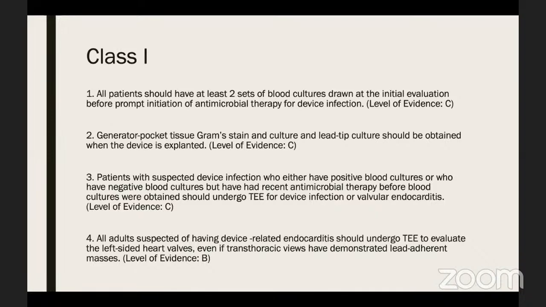Generator pocket tissue and the lead tip should be sent for culture and gram stain when the device is explanted. Patients with suspected device infection who either have positive blood cultures or have negative blood cultures but recent antimicrobial therapy before blood culture should undergo TEE for device infection or valvular endocarditis. All adult patients who are suspected to have device-related endocarditis should undergo TEE to evaluate the left-sided heart valves, even if the transthoracic view had demonstrated a clear adherent mass.